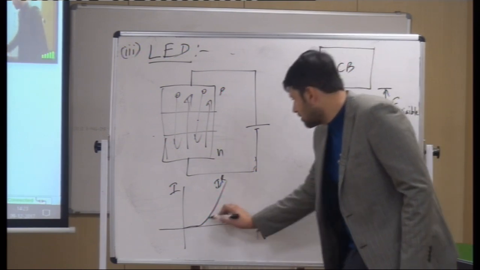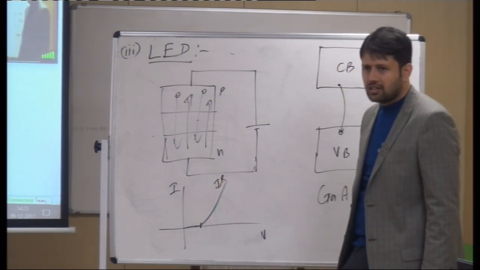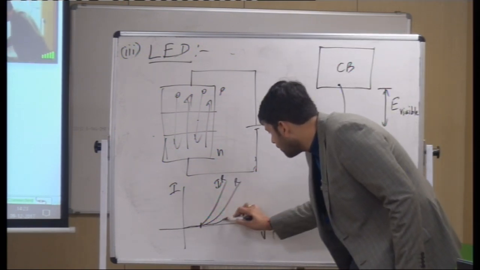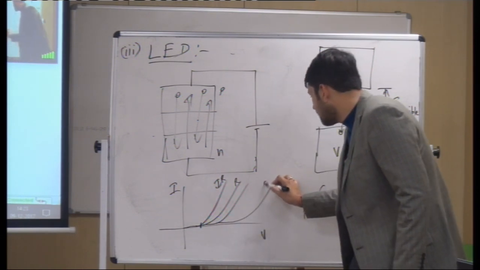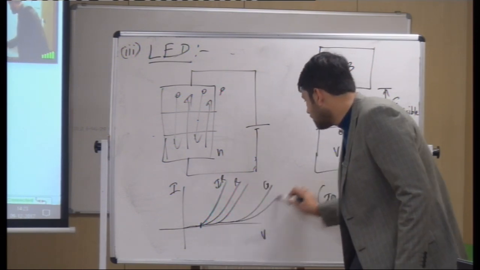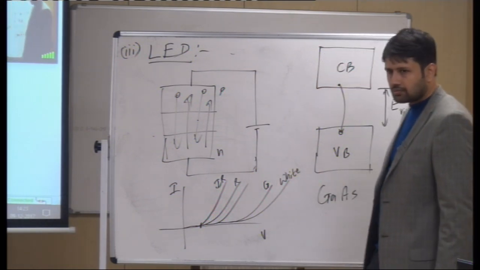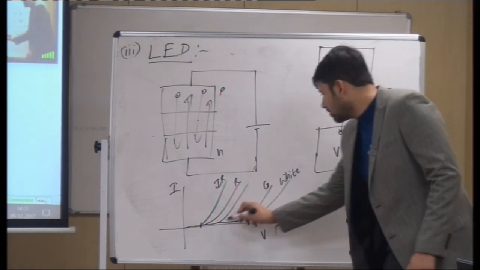Since the band gap is less, less voltage is needed to conduct. For red, this is the graph. For the rest, here it is for green, and here it is for white. In case of white, there are others as well.